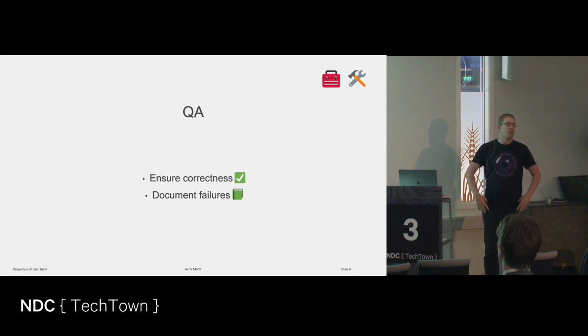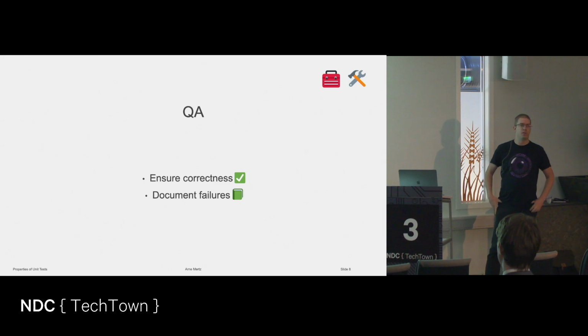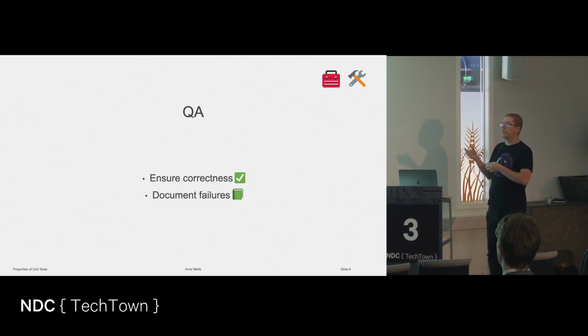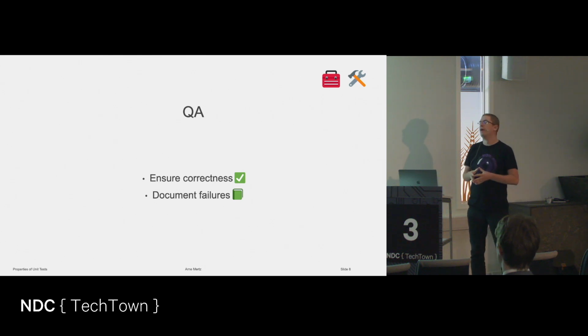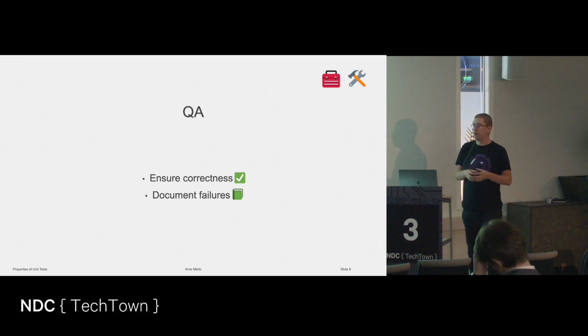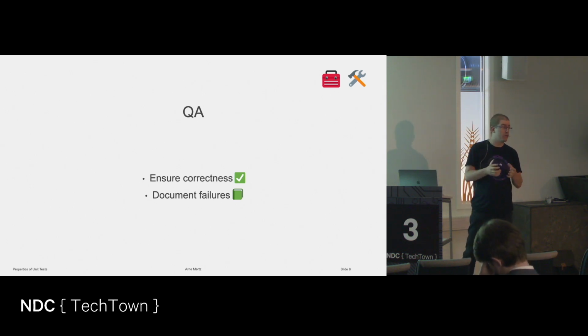Pretty obvious. What comes to mind first is quality assurance. Usually we write a new feature, and we want to test it to make sure that the new feature does what it is supposed to be doing. In this case, for units, we have a new unit, we write a new class, a new function. So we want to make sure that it actually does what we designed it to do.